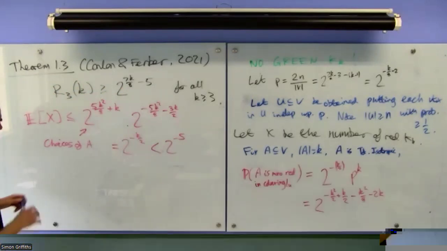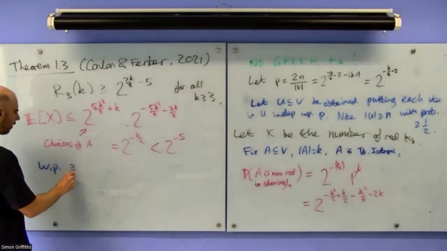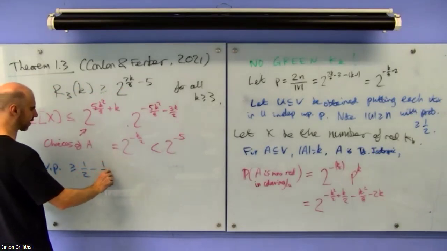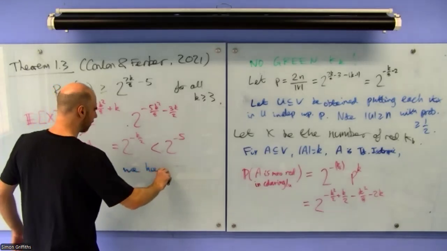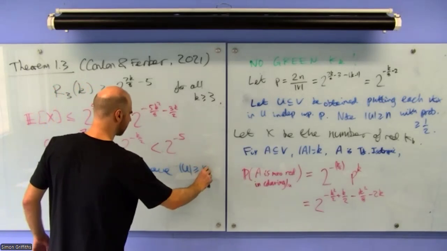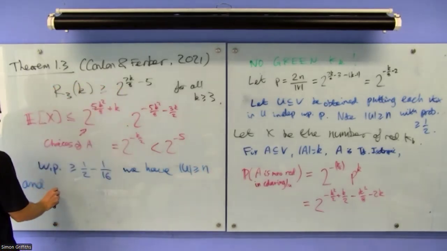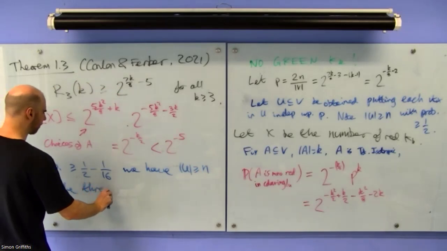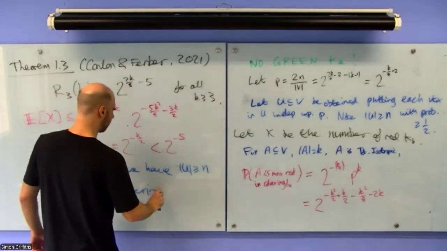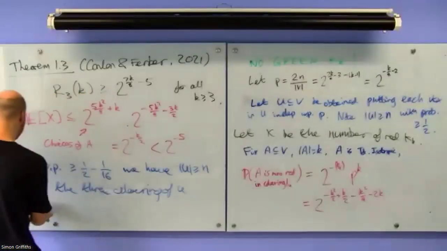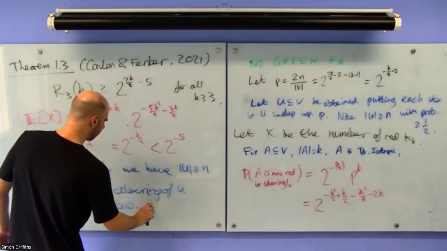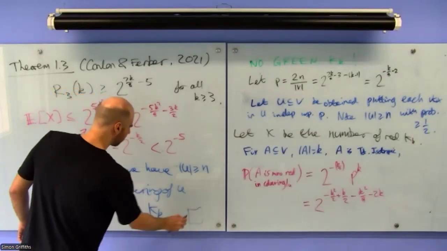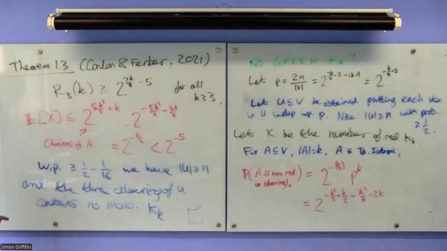So the probability that the set we've restricted to U has size at least n, and the 3-colouring of U contains no monochromatic K-clique, is at least a half minus a 16th. Remembering, you couldn't have a green one, because that was impossible by linear algebra.